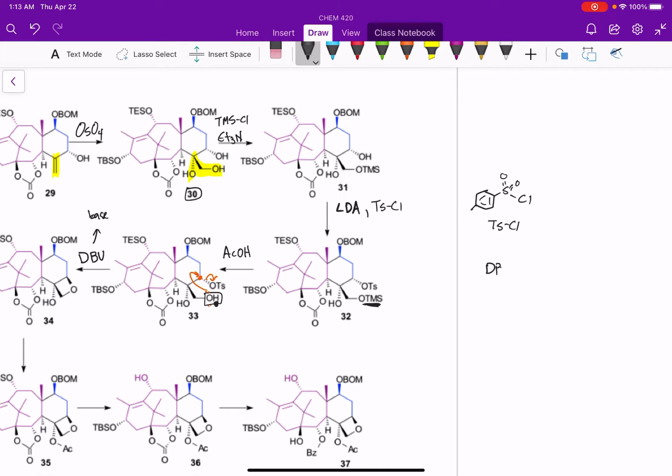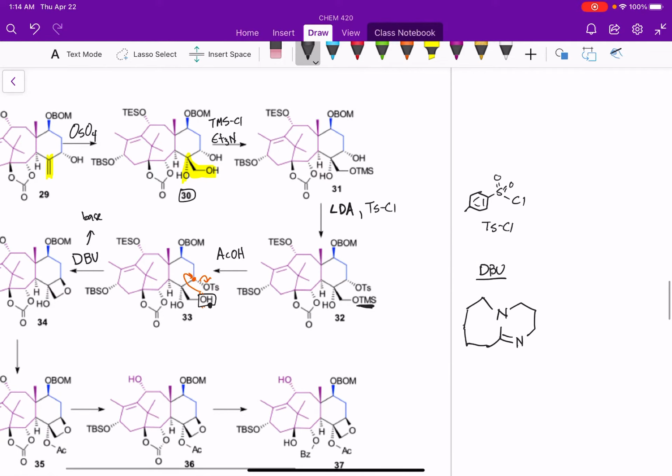Let me just give you the structure of DBU. This is the first time we've seen this. It's a pretty good base. DBU is actually a fused ring system with a 6-membered ring and a 7-membered ring. Let's count those: 1, 2, 3, 4, 5, 6, 7.